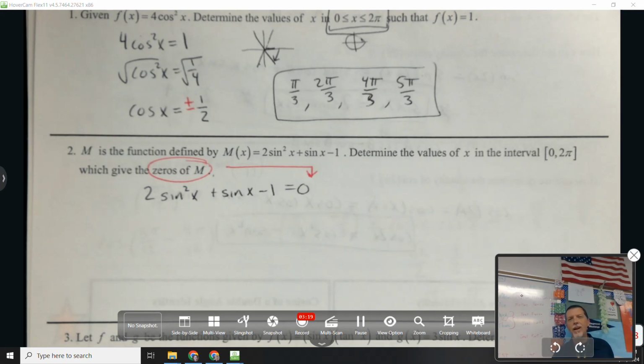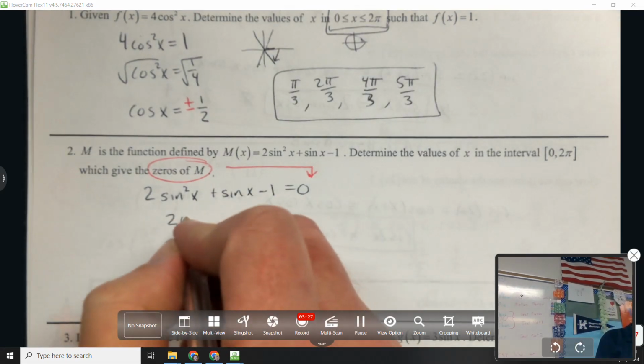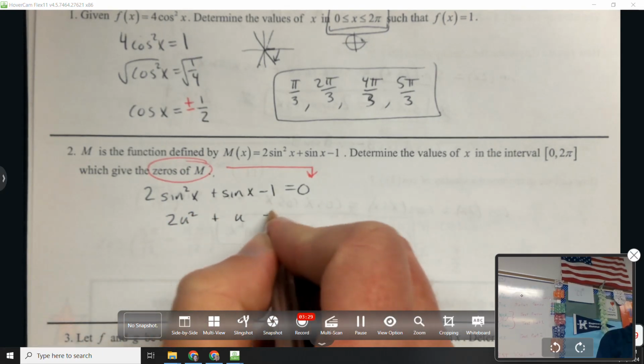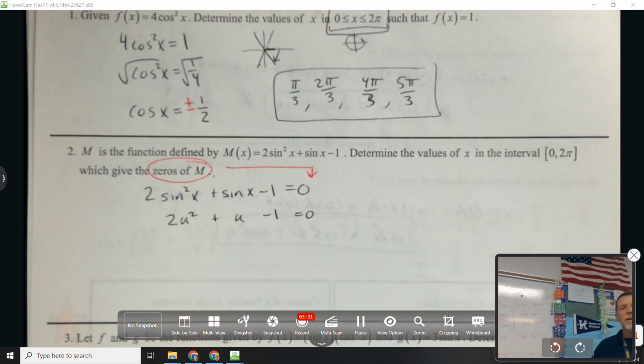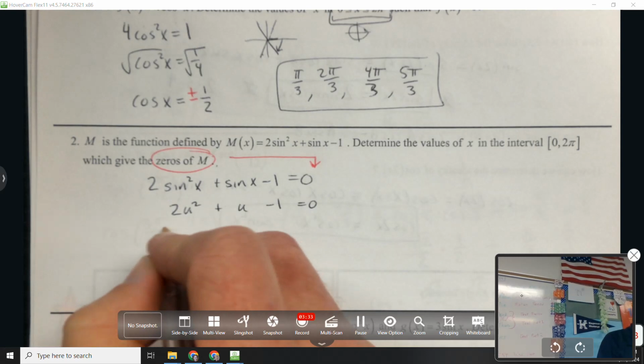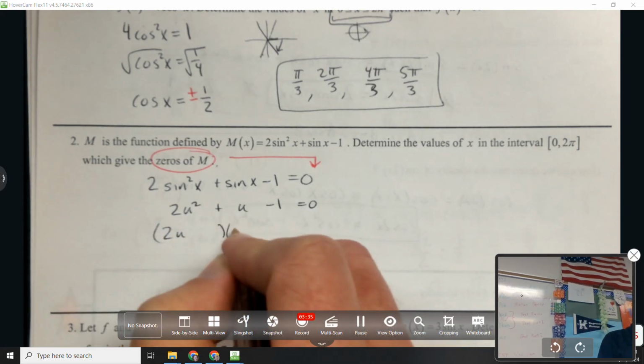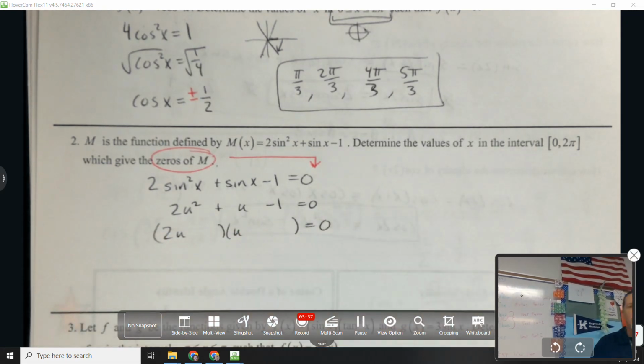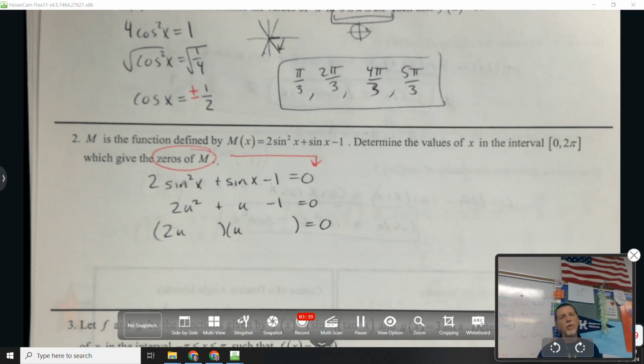Algebra all-stars? You can factor that. We don't usually factor things that look like that. And if it bugs you, you could put a u in there if that helps you see what we're doing. Helps you factor it. So I'll probably use a u this time, and after this, I probably won't use the u's again.